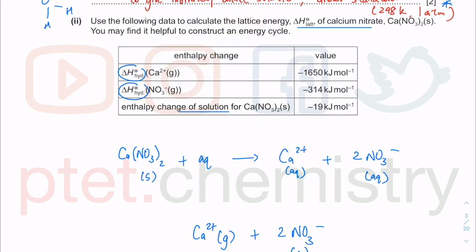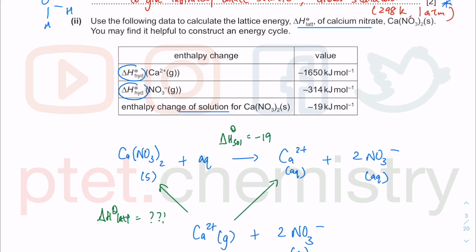So going from the solid to the gas, actually that one is the other way around. Forming 1 mole of the ionic solid from its gaseous ions, that is going to be lattice enthalpy. And this lattice enthalpy is whatever I want to find. This is the enthalpy of solution, and this is minus 19 kilojoule per mole.